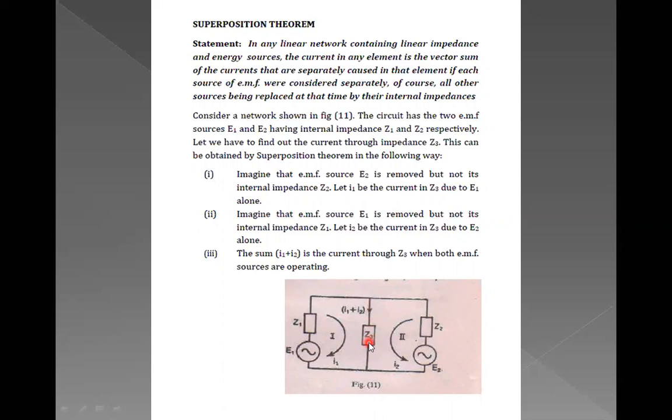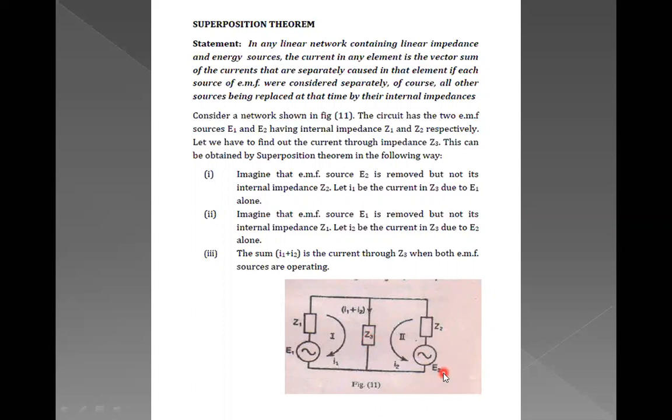For the second time, we remove the energy source E1, considering its internal impedance Z1, and let I2 be the only current flowing through Z3 because of the source E2.